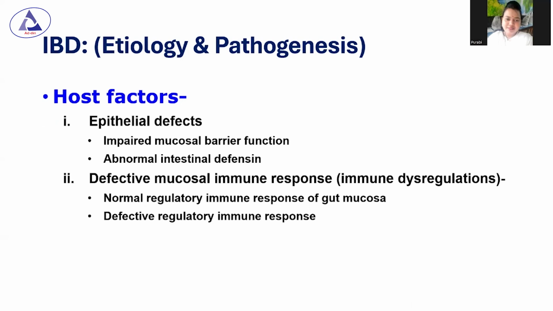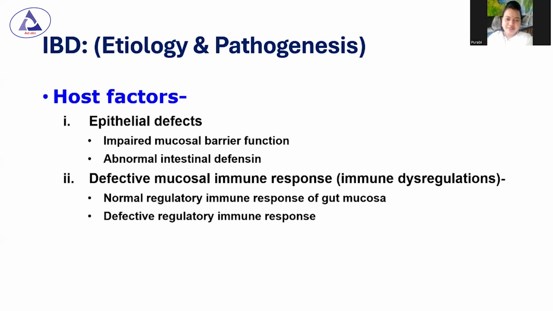And abnormal intestinal defense: we know Paneth cell granules contain antimicrobial peptides, which are termed defensins. They normally protect the mucosa against adherent and invading bacteria. These abnormal defensins are found in Crohn's disease patients having ATG16L1 mutation.